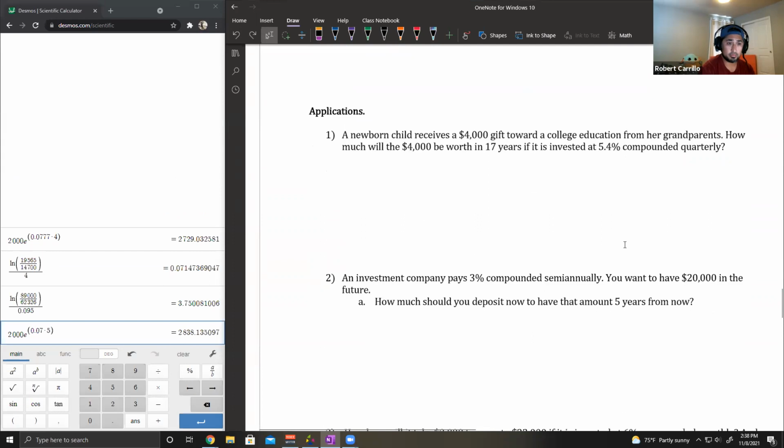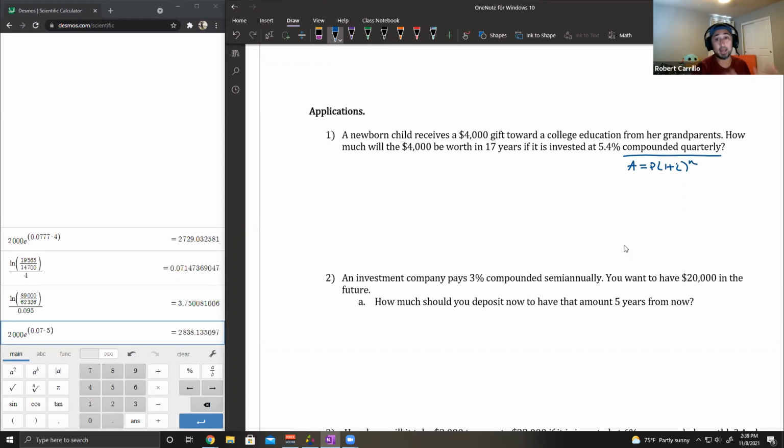All right. So a newborn child receives a $4,000 gift toward a college education from her grandparents. How much will the $4,000 be worth in 17 years if it is invested at 5.4% compounded quarterly? Okay, so you are compounding quarterly, which means we use A equals P times 1 plus i to the n.